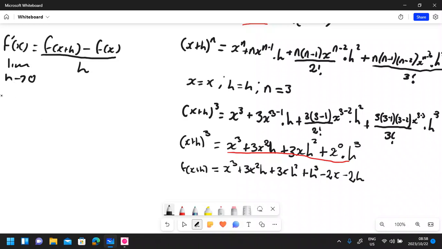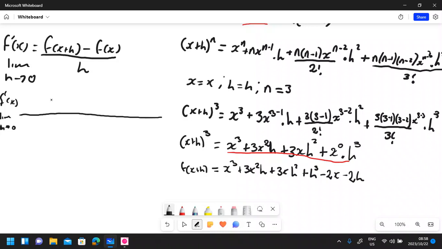So let's do it. So we know that f prime of x, we say limit, then we say h approaches 0. This is going to be a very long line, but not a problem.